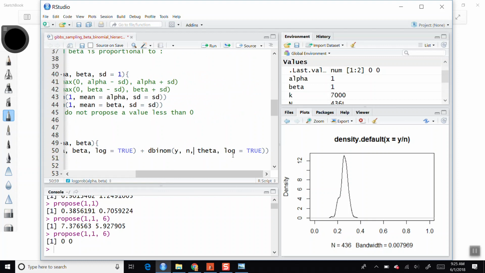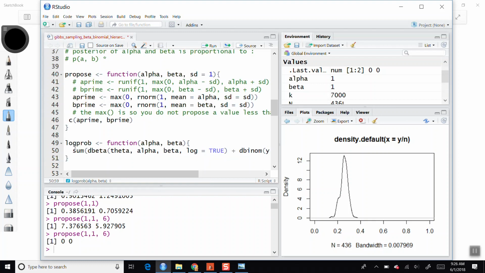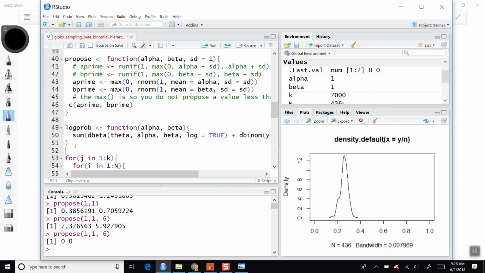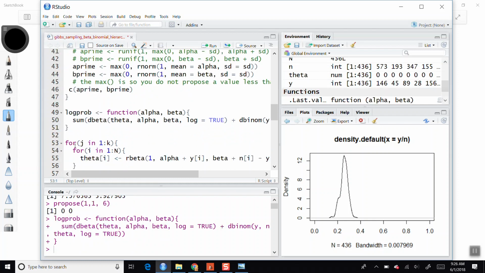And we turn them into logs, and then we sum them up. So this will be the log probability of whatever alpha and beta that we've proposed, okay?